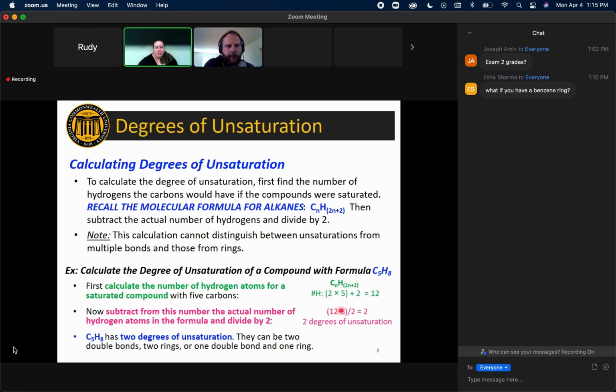So 12 minus 8 is 4. 4 divided by 2 is 2. So we have 2 degrees of unsaturation in whatever our molecule of C5H8 is. We don't know, however, if it could be 2 double bonds, 2 rings, or 1 double bond and 1 ring. We have no way of knowing from this information.